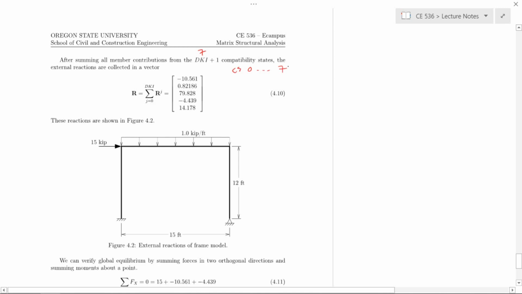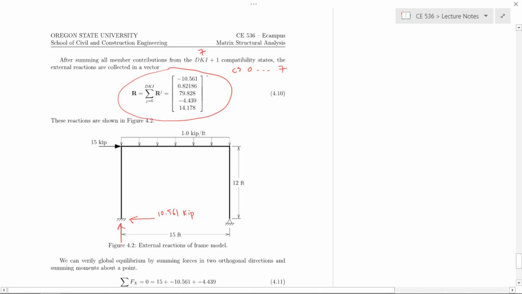If we sum up all those vector contributions that we assembled, we would get the total reactions for our system, all right, and we can draw those on the picture here, right? So we have negative 10.561, just means it's going in the opposite direction of what we assumed was positive. That's Kips.